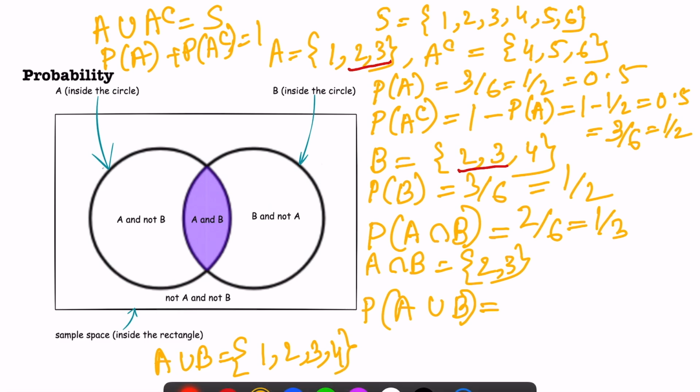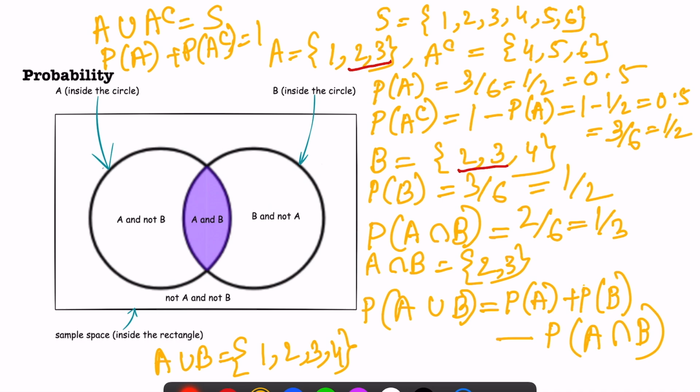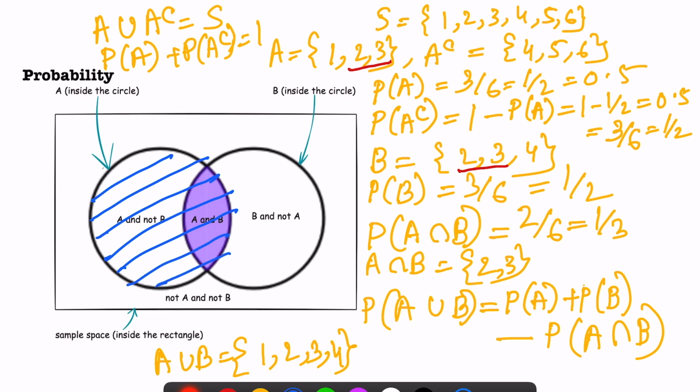So probability of A union B will be probability of A plus probability of B minus probability of A intersection B. We'll see why. When we are calculating probability of A, we are calculating the probability of this region. When we are calculating probability of B, we are calculating this region.